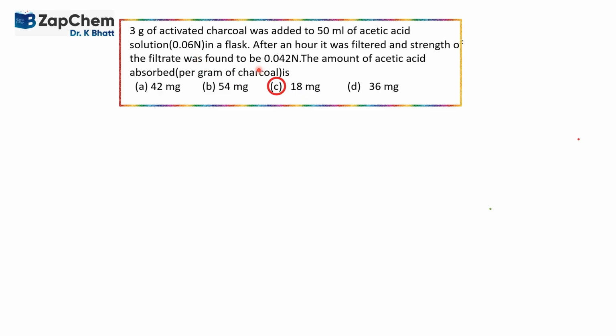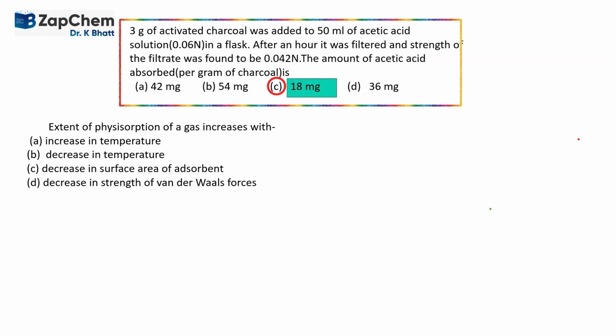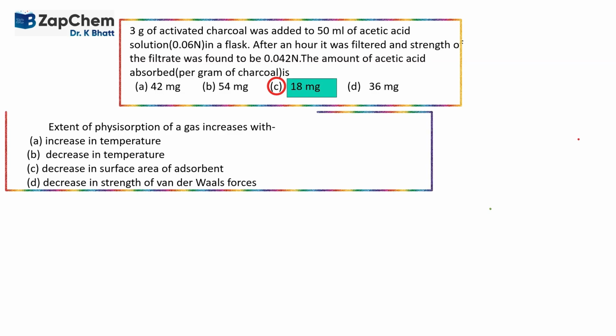Actually, we need to subtract the strength, 0.06 minus 0.042 becomes 0.018. There is a difference of 0.18 grams, or you can say 18 milligrams.